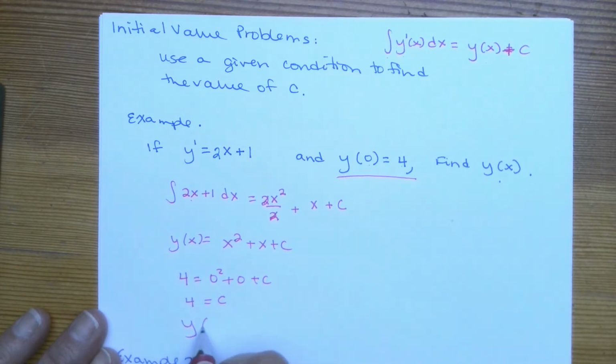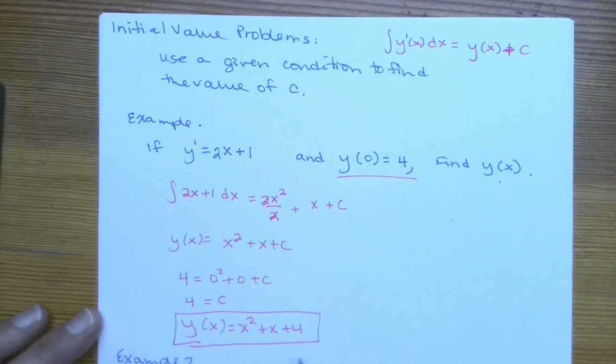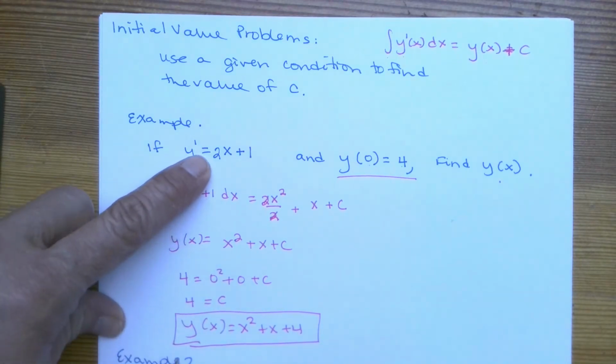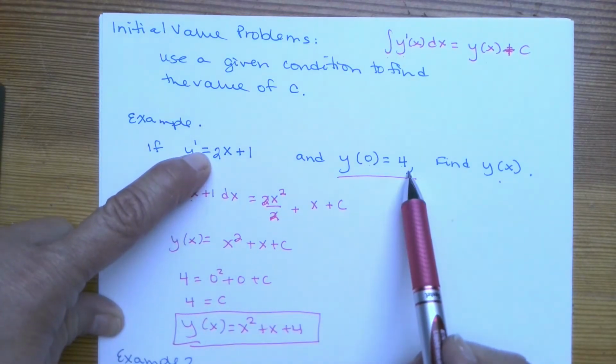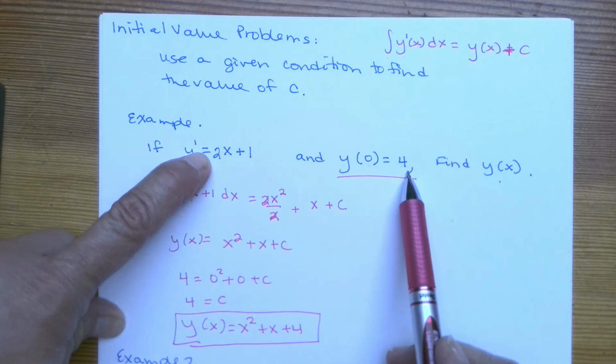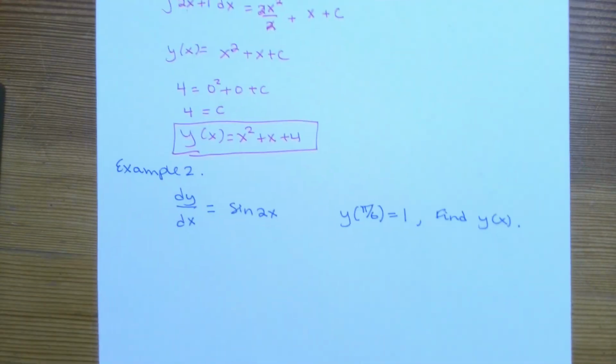So we know that our function is equal to x squared plus x plus 4. This is the function that has 2x plus 1 as its derivative and the initial condition of y of 0 equals 4. Okay, let's do one more.